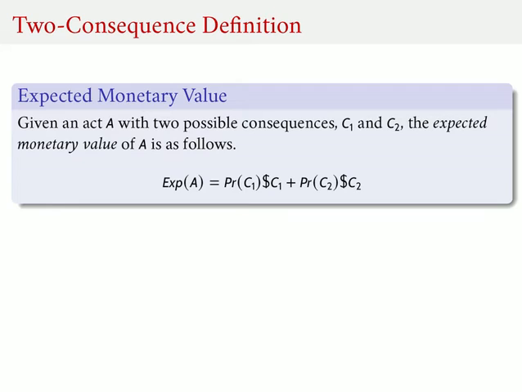So again, as I mentioned in the last video, you can think of this as giving you a weighted average of the monetary outcomes where the weights are the probabilities of those outcomes.